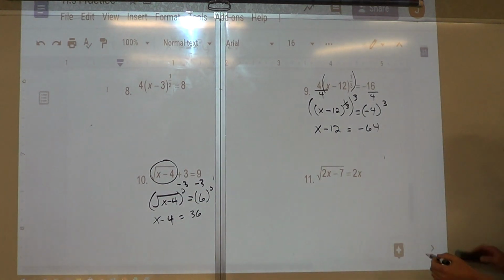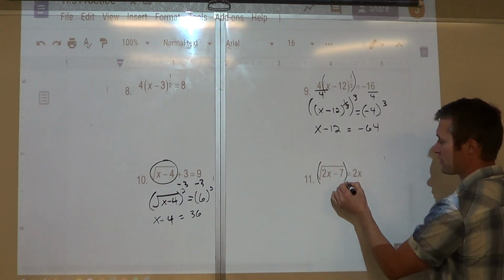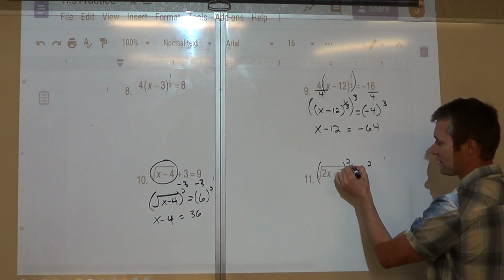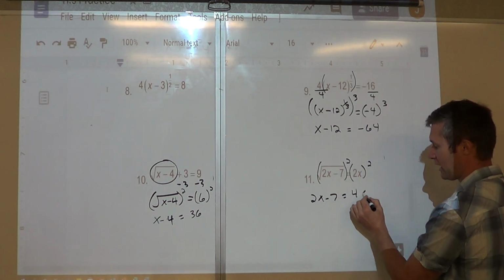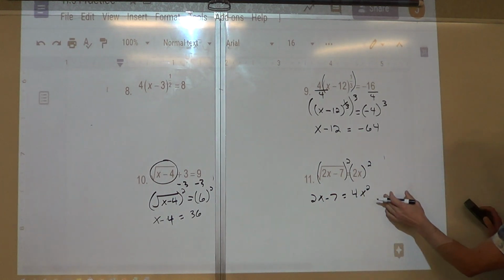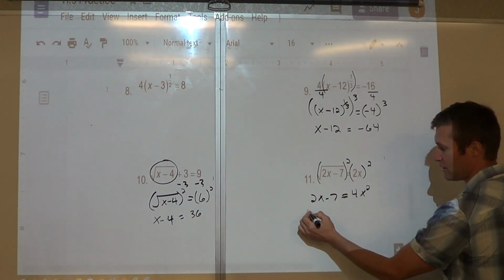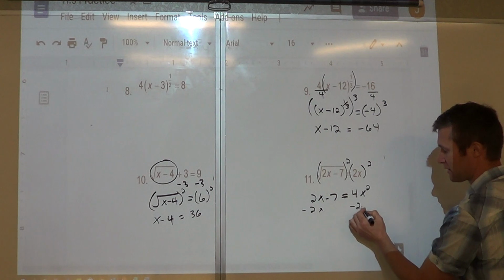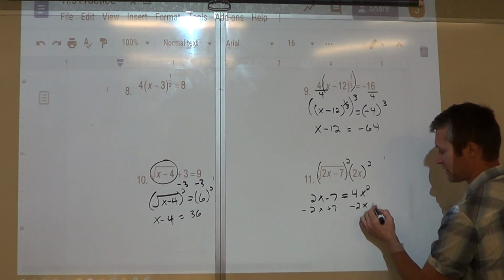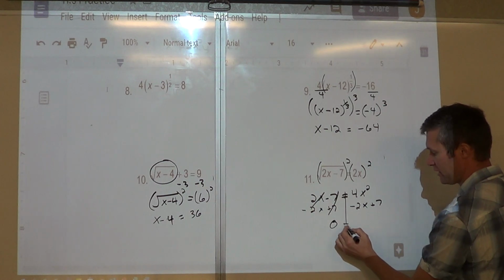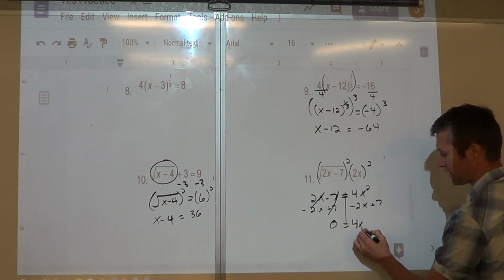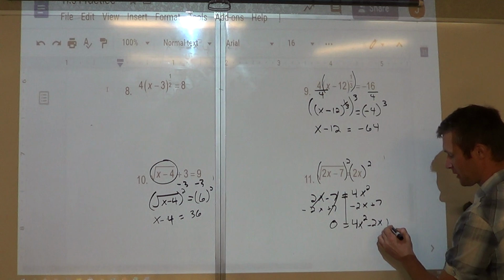This one is the one I want to go through, so we go ahead and we square each side. So that gives me 2x minus 7 equals 4x squared. So we want to get everything to the x squared side. So we subtract the 2x. We add the 7. So those cancel. It gives me 0 equals 4x squared minus 2x plus 7.